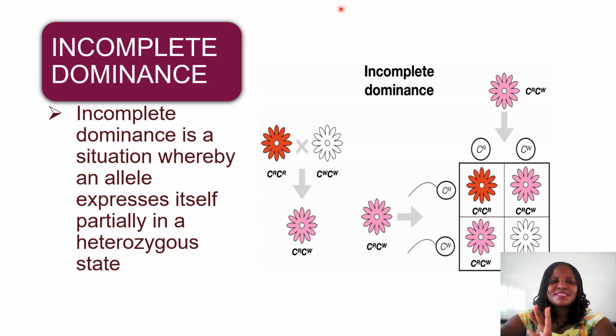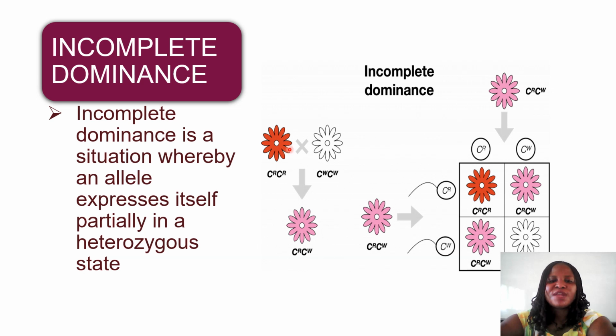Let's take the first example of non-Mendelian inheritance, which is incomplete dominance. When we talk about incomplete dominance, we can say that it's a situation whereby an allele expresses itself partially in the heterozygote state. For example, let's take these flowers.